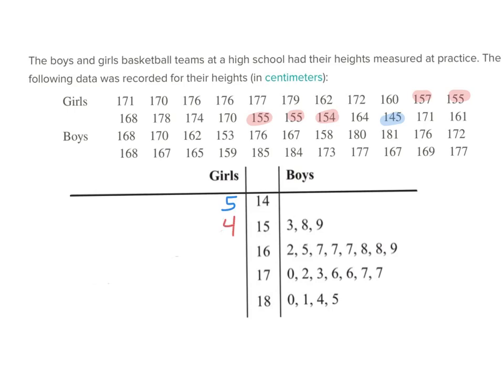So 154 is there, there are 3 155s, and then there is a 157. So we look at it going this way now. That's the only new part of this, besides putting two data sets on a stem and leaf plot together. On the left side, we work our way from the inside out, and that's really the only difference.